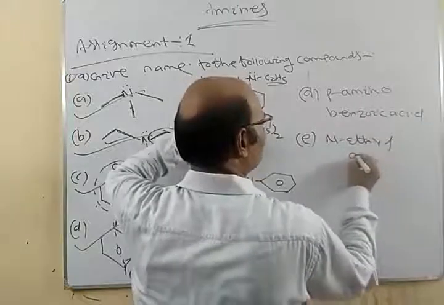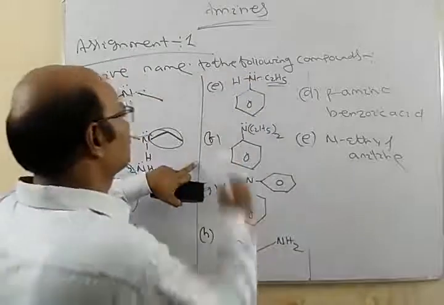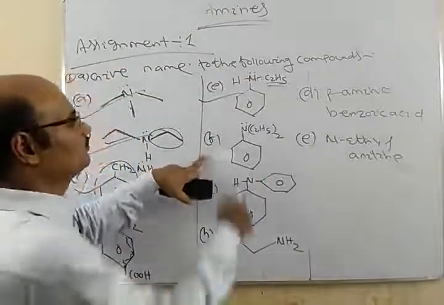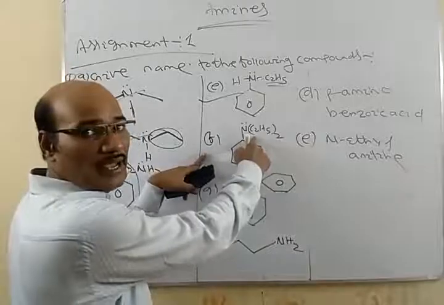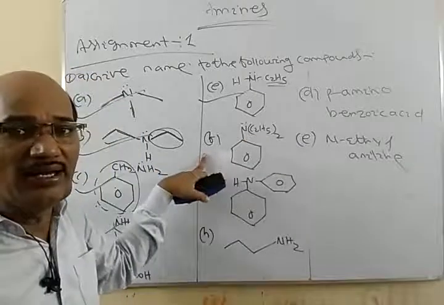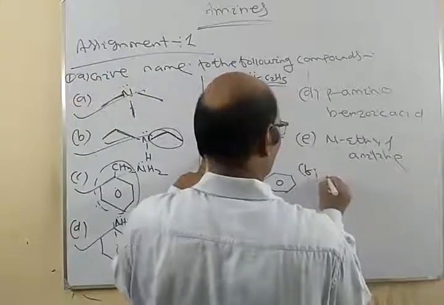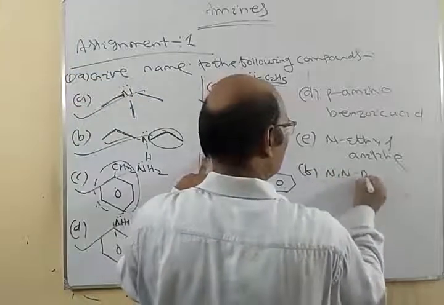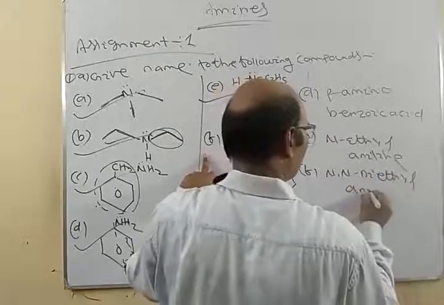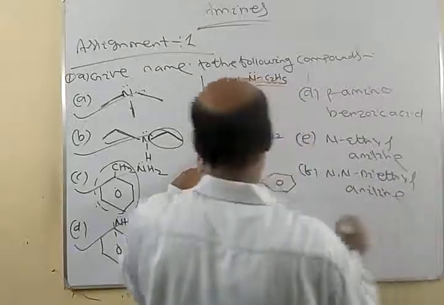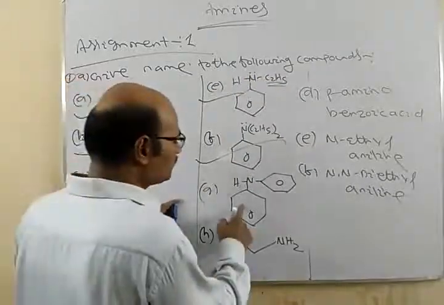N-ethyl aniline. Next, to this aniline 2 ethyl groups are attached. So what will it be? N,N-diethyl aniline. Okay. N,N-diethyl aniline. Then next, this one is aniline.